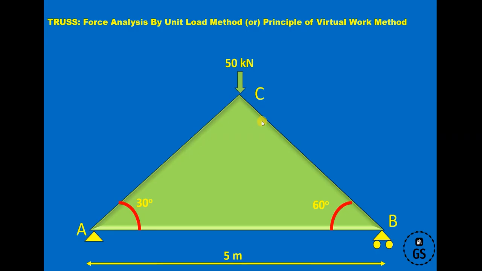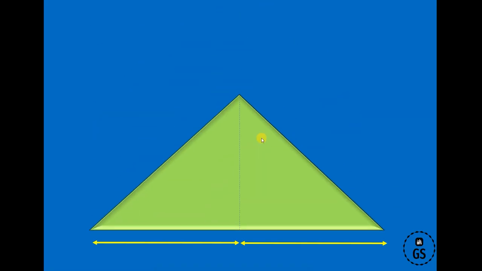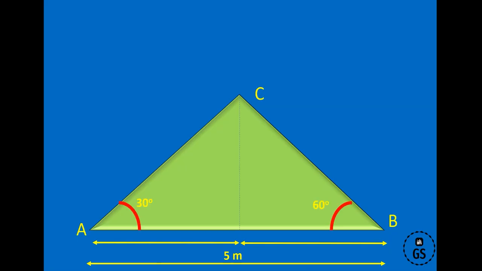In order to understand this numerical, let us simplify it. At the base we have a 5 meter span, and let us split that into two parts with respect to C. Since our angles are 30 degrees and 60 degrees, we can't solve this with symmetrical triangles.